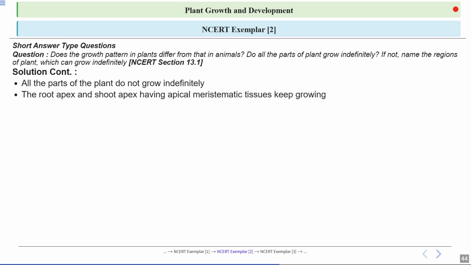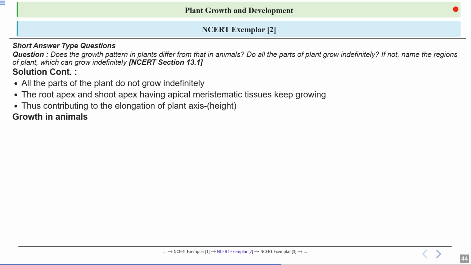Now, all the parts of the plant do not grow indefinitely. The root apex and the shoot apex having the apical meristem keep on growing, and they contribute to the height, the axis of the plant.